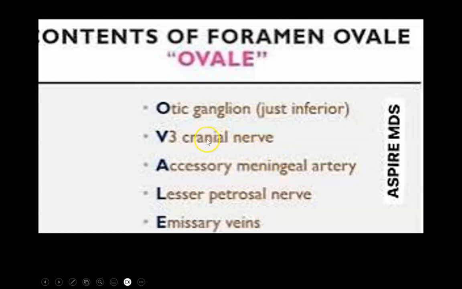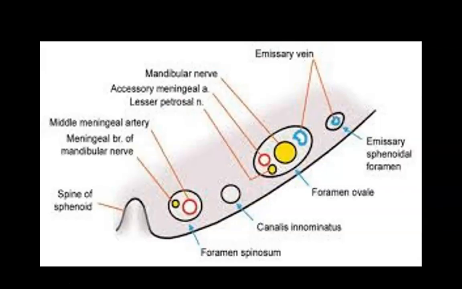Or you can say the mandibular division with an artery, accessory meningeal, with a nerve, lesser superficial petrosal, with emissary vein. These are the structures passing through the foramen ovale: mandibular division, lesser superficial petrosal nerve, accessory meningeal artery, and emissary vein.